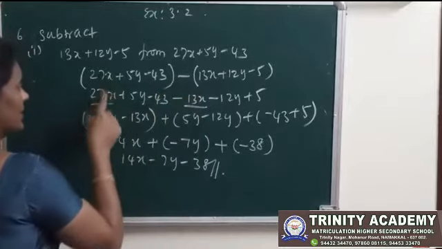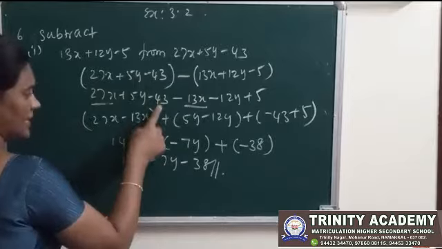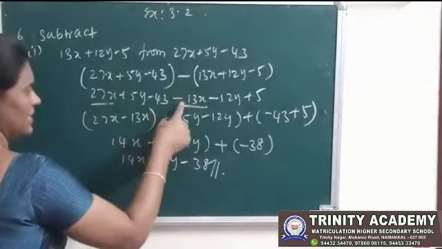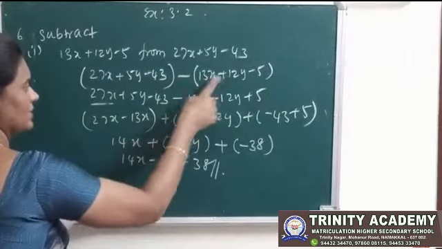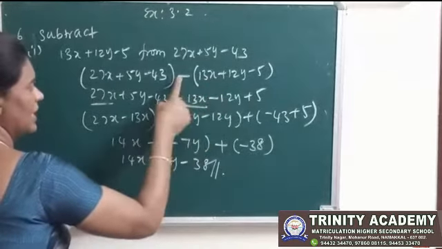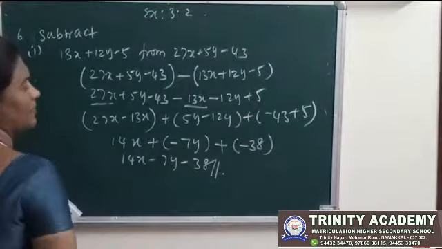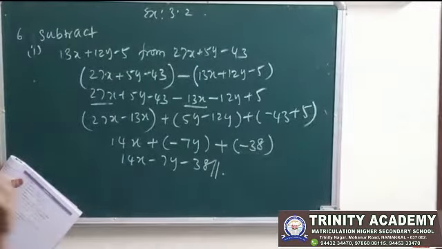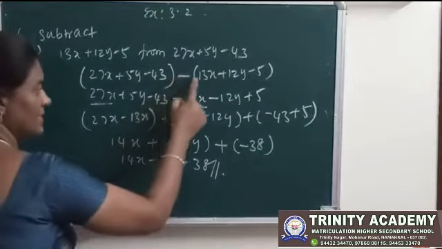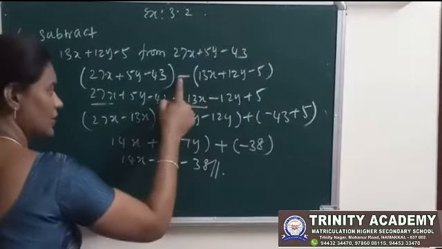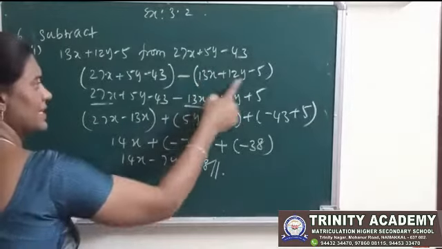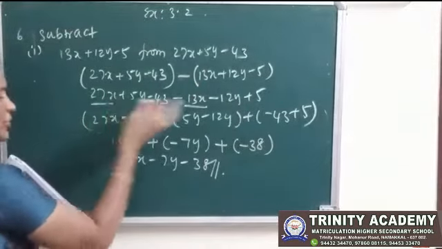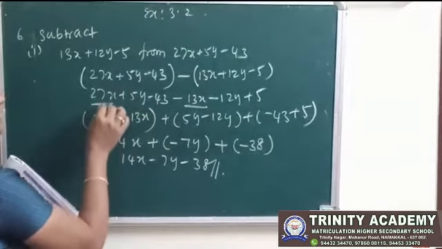This one you write 27x plus 5y minus 43 as it is. Here minus, here plus, minus into plus is minus 13x, here plus, minus into plus is minus 12y, minus into minus is plus 5. See, in subtraction, this minus is common for these three terms, so we should multiply this minus sign inside the bracket. Okay, now next you group the like terms.